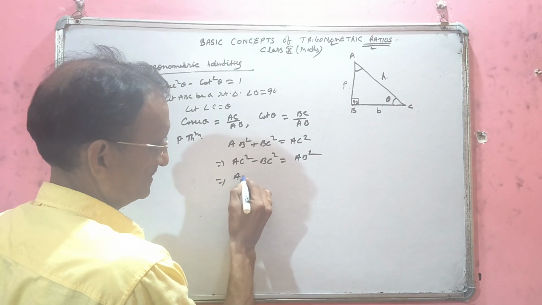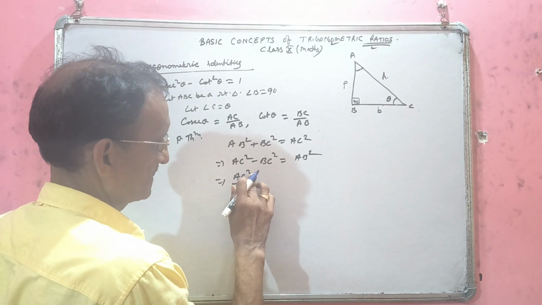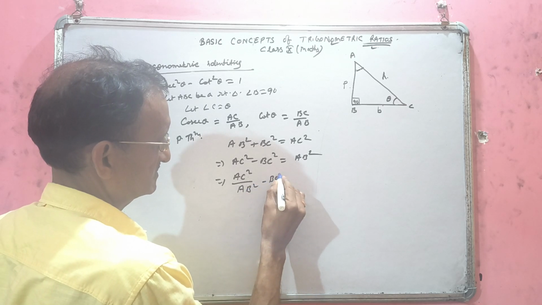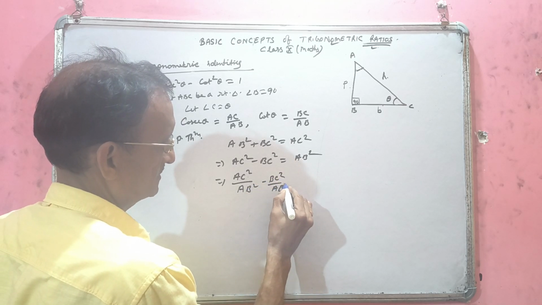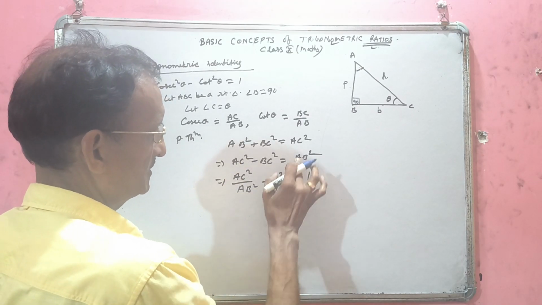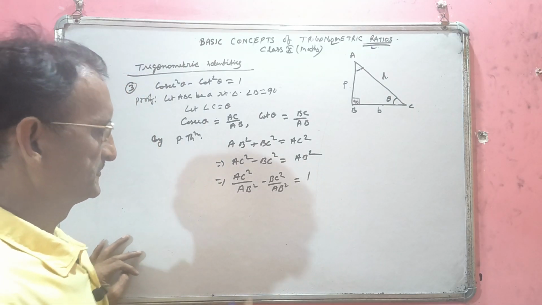Now divide both sides by AB square, because we have denominators AB. So we can write here AC square by AB square minus BC square by AB square equal to, what you will get? 1. This side by AB square, obviously 1.